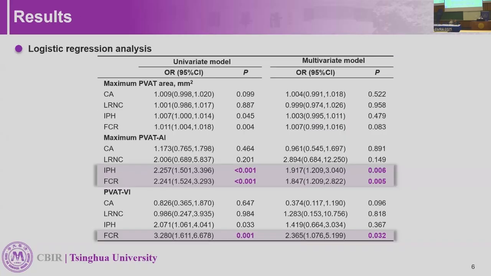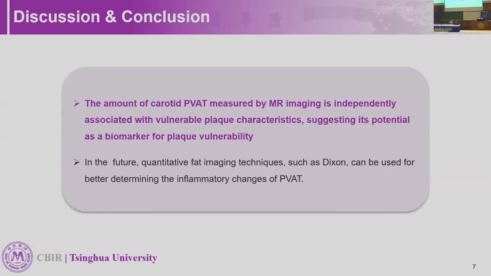The logistic regression analysis results show that all PVAT amount measurements were significantly associated with intraplaque hemorrhage and fibrous cap rupture. After adjustment for clinical risk factors, significant associations remained between maximum PVAT area index and intraplaque hemorrhage, as well as between the maximum PVAT area index, volume index, and fibrous cap rupture.